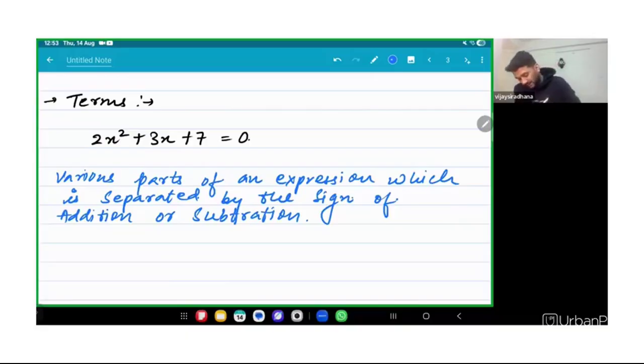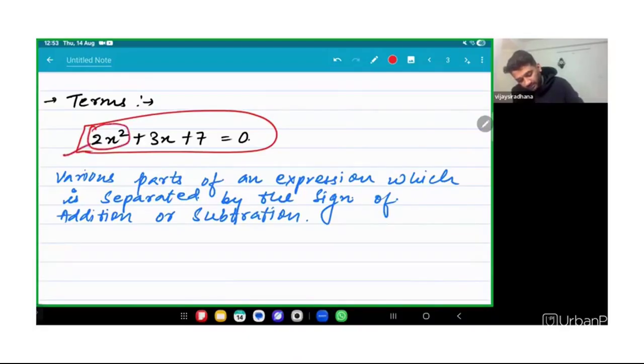Now, in this example, this is term 1. Now, this term 1 is added with the addition operation with this term. So, this will be the term 2 and this will be the term 3.